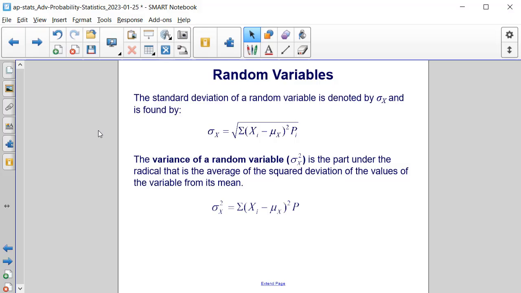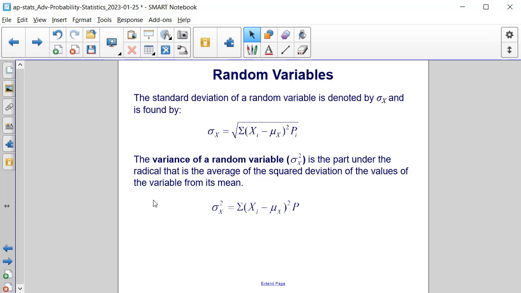The standard deviation of a random variable is denoted by lowercase sigma with subscript capital X, and it's found by sigma sub X equal to the square root of the summation of x sub i minus mu sub X, squared, times the probability of each item.